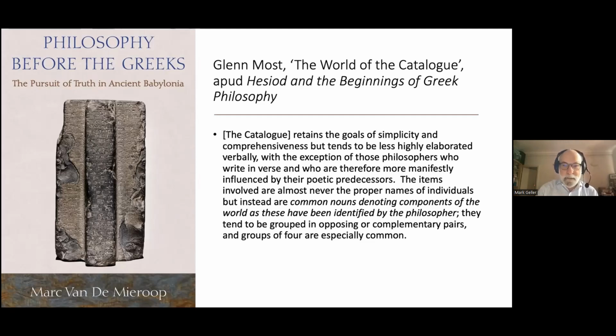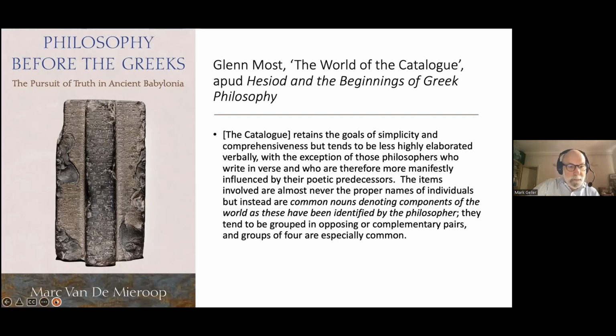You can see I've quoted Most's comments here on the screen. It seems clear to me that this description of Greek catalogs could easily apply to Mesopotamian Wissenschaften in many respects. And it's very likely that these pre-Socratic philosophers were influenced by an episteme which was much older than either Homer or Hesiod.